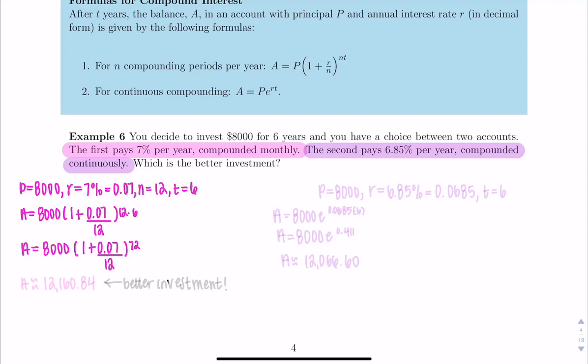So this is pretty much calculator work. So typing it into your calculator, you get that A is approximately $12,160.84.